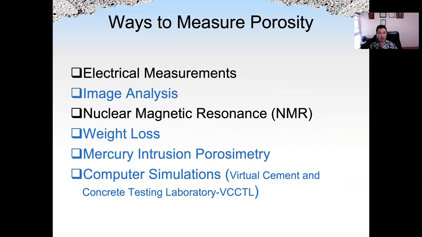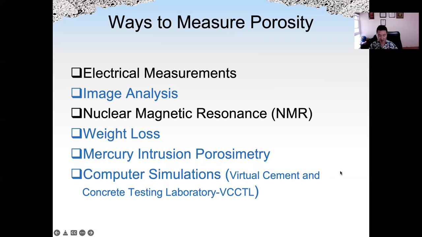We can use image analysis, using NMR, which is nuclear magnetic resonance, which is not used very often. We can use the weight loss method or mercury intrusion porosimetry. These are some of the methods we will discuss in future lectures, or we can use computer simulation.